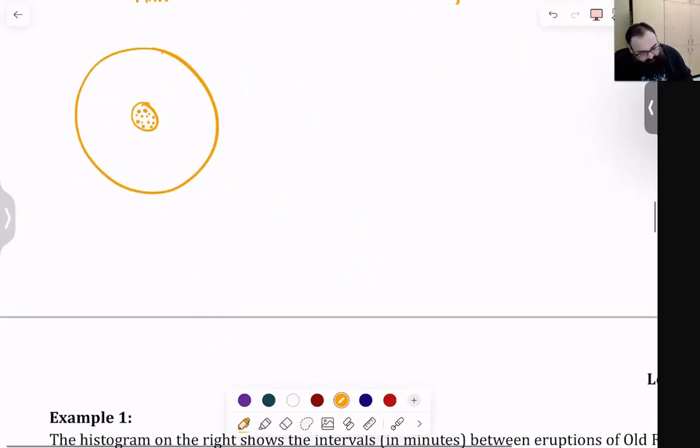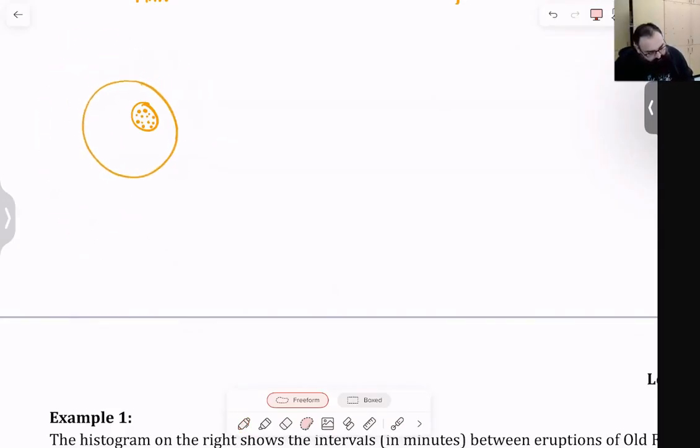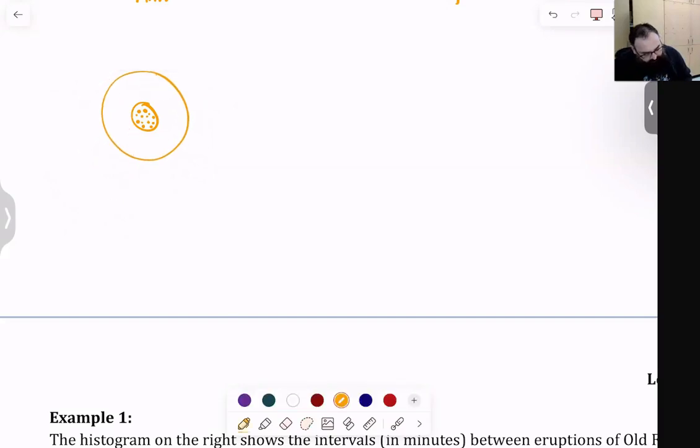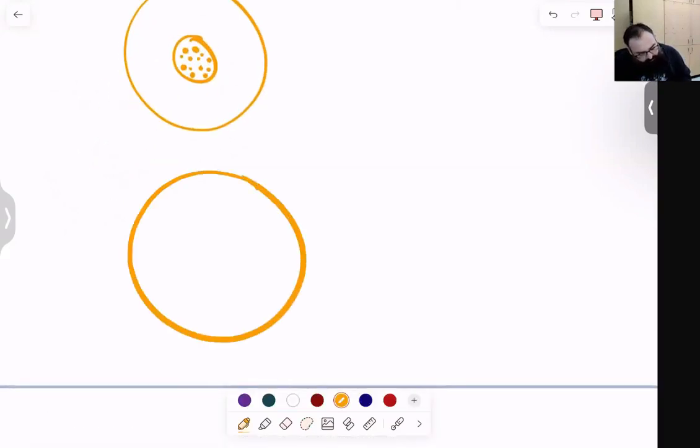How would you describe, and let me make this a little bit smaller. How about this though? What if I had a bullseye and the center's right there, but all my shots were over here? How would you describe that person?